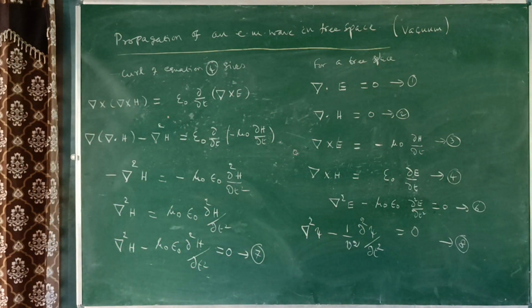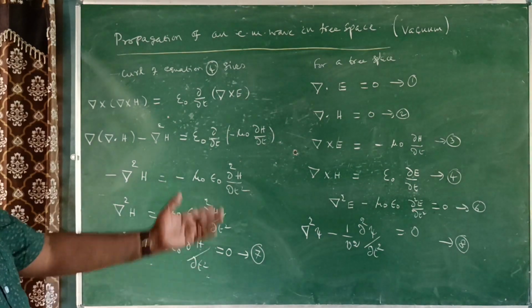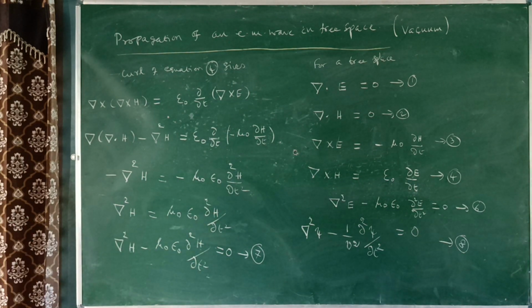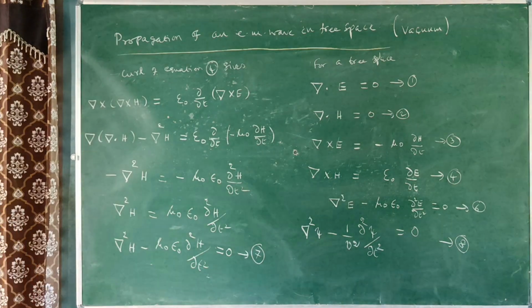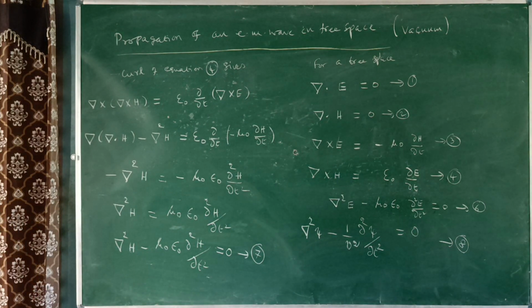From equations 6, 7 and 8, we may write the value of 1 by v square is mu naught epsilon naught. If you compare equations 6, 7 and 8, we may write the value of v square is 1 divided by mu naught into epsilon naught.